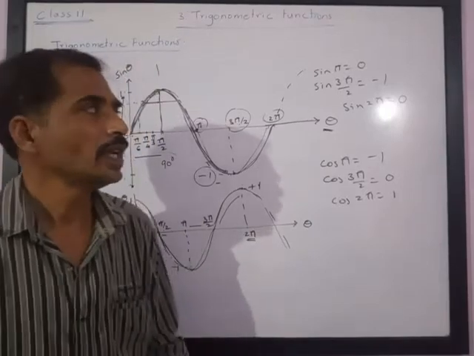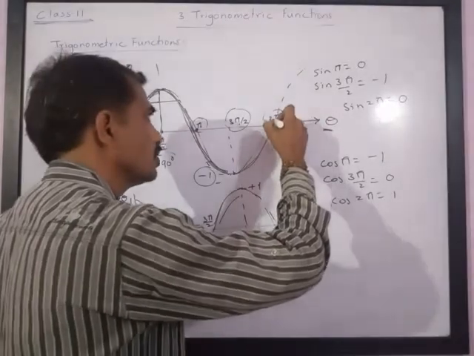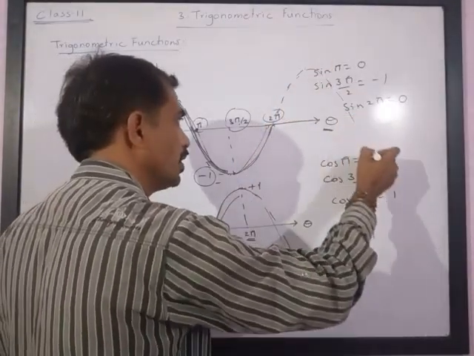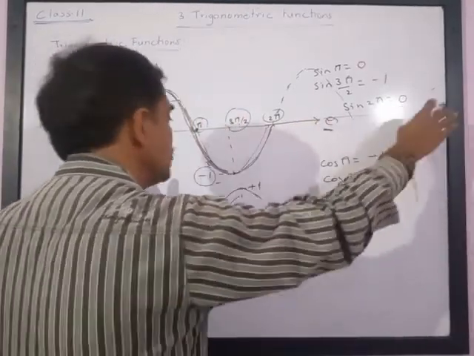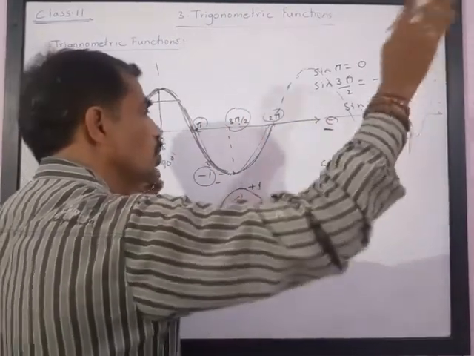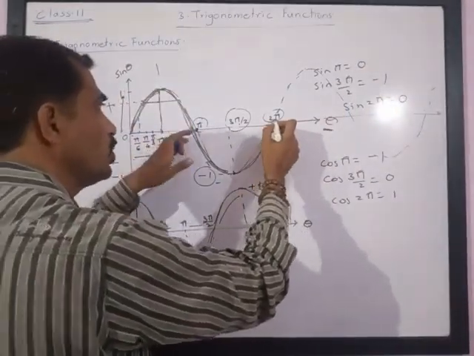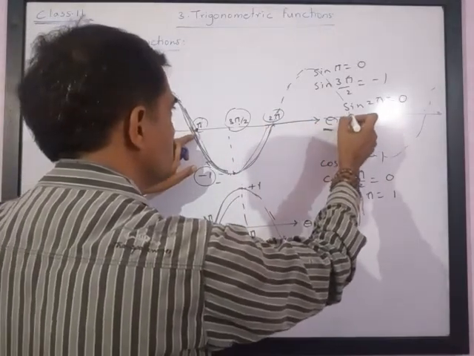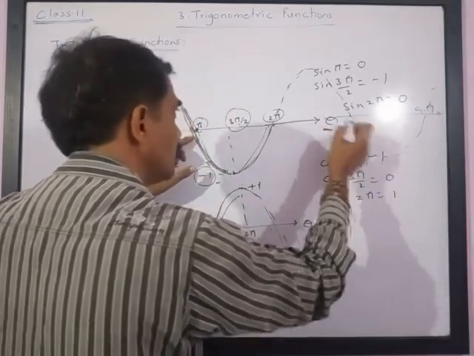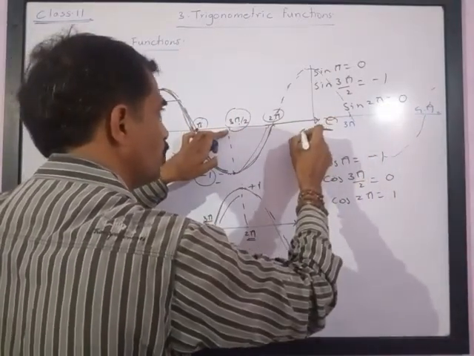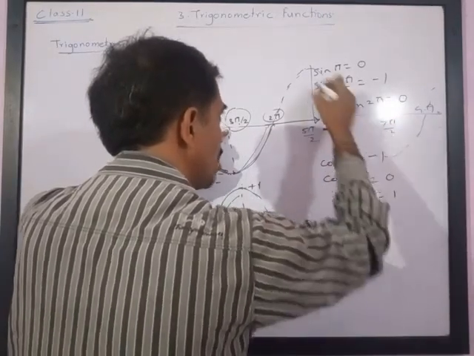These graphs, dear friends, continue as the angle increases from 0 to infinity or to a very large angle. You will notice that this becomes 2 pi, then this becomes 3 pi, this is 4 pi, this is 3 pi by 2, so this angle will be 5 pi by 2, this will be 7 pi by 2, and so on.